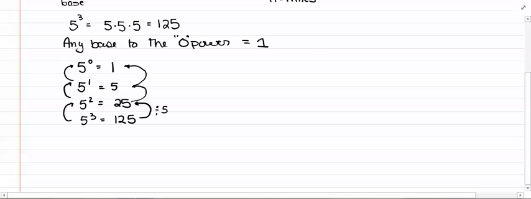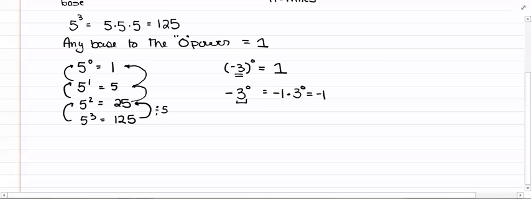And we have to be careful because we've got to recognize what our base is. If I have negative 3 to the 0 power, our base is negative 3, raised to the 0 is 1. However, if I have negative 3 to the 0, my base is just the number 3. In fact, this is the number negative 1 times 3 to the 0.